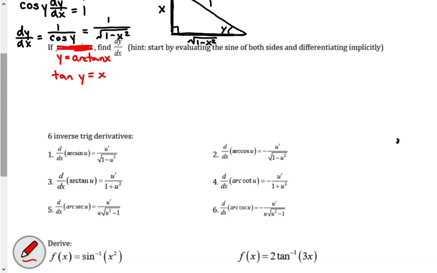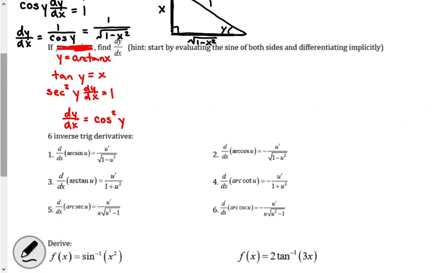Okay, if you want, we can take the derivative. Derivative of tangent is secant squared y dy dx equals 1. And then, so dy dx will equal 1 divided by secant squared, or we can just say cosine squared y, right? Yes? Okay. But that doesn't help me.